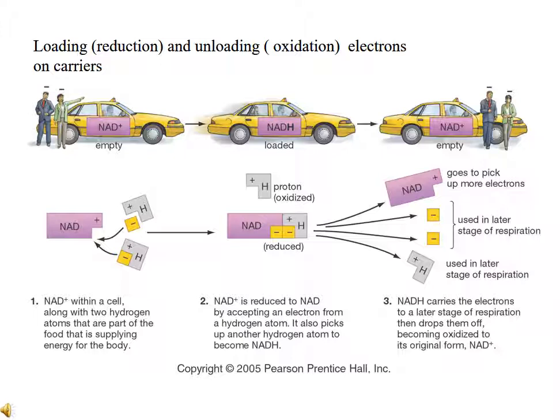As the taxi cab driver moves and drops off the 2 electrons, it becomes empty. It has become oxidized, and 2 electrons have left it. So you can see how, in the model below, the electron oxidation-reduction system works.